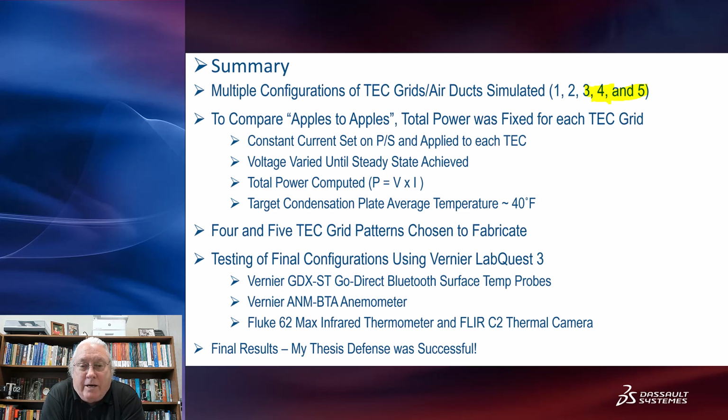During operation, as it cooled down, the voltage changes because of all the parameters those things operate in. Once steady state is achieved, I measure the temperature of the condensation plate and calculate the power consumed using the same equation we used before. For all of them I tried to have a target condensation plate temperature of about 40 degrees, so it doesn't get too cold and close to the freezing point.